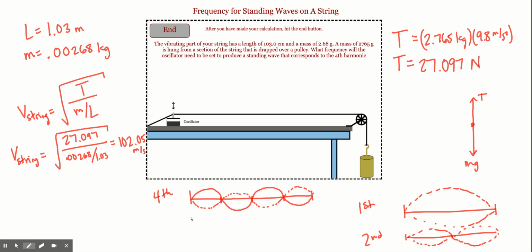So that means that this length would equal 2 wavelengths. I know that 2 times the wavelength has to equal the total length of the string, 1.03 meters. So that means the wavelength would be 1.03 over 2, which is 0.515.